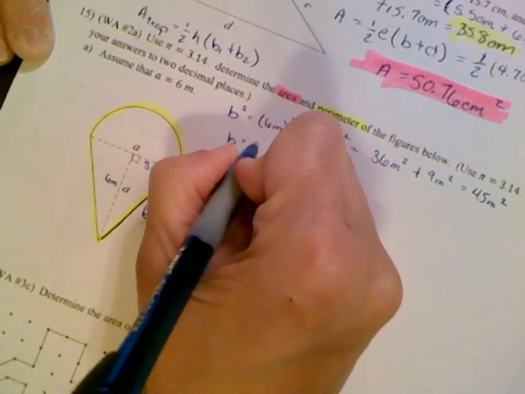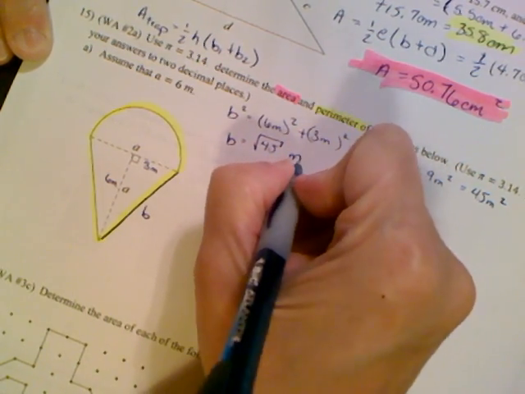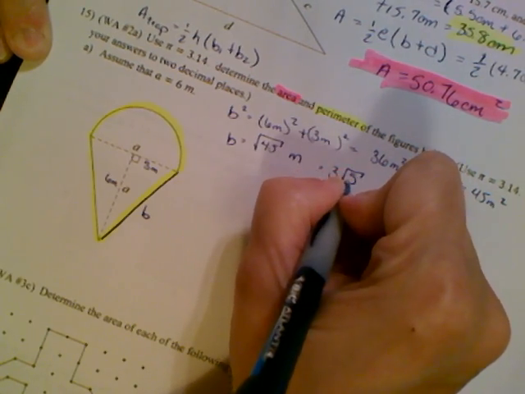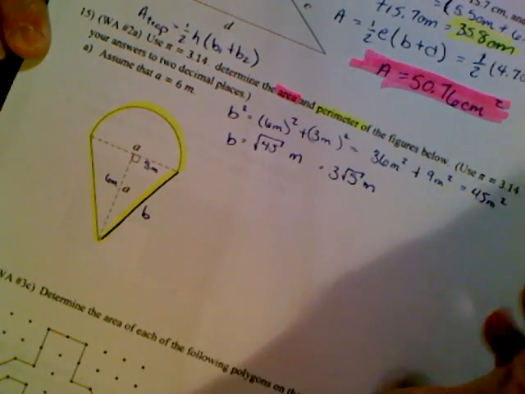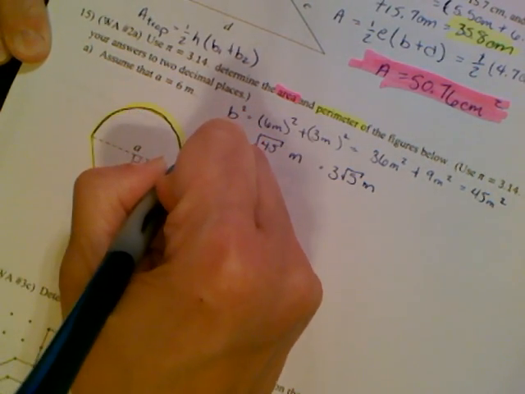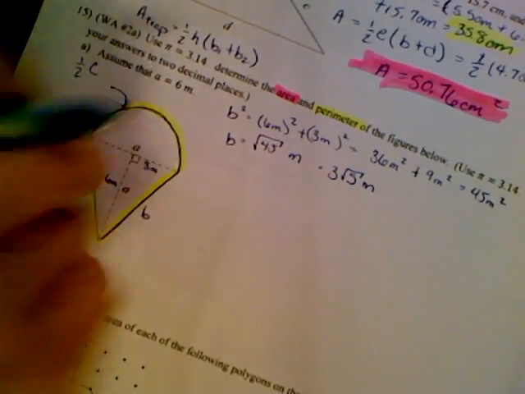So B equals the square root of 45 meters, which is 3 square roots of 5 meters. Now, to find this distance, that is going to be half of the circumference.